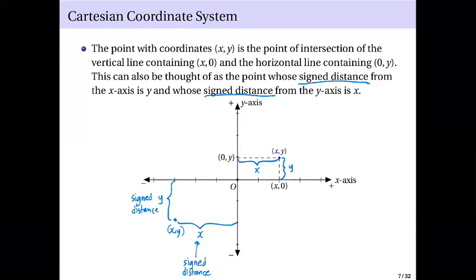But the actual distance of the point to the x-axis should be the absolute value of y, and from this point to the y-axis, the absolute value of x. So if we talk about actual distance, we remove the word signed, and it is the absolute value of y, and this distance here is the absolute value of x, because distance should be positive or 0.